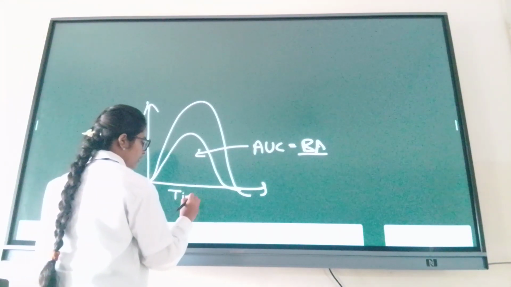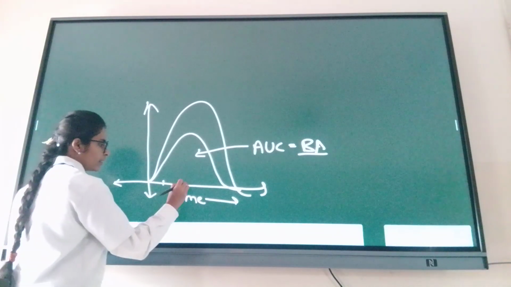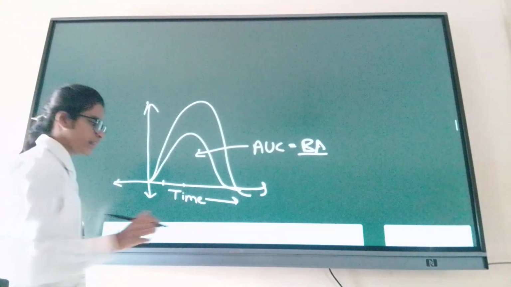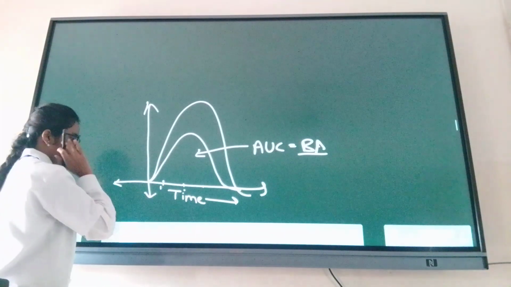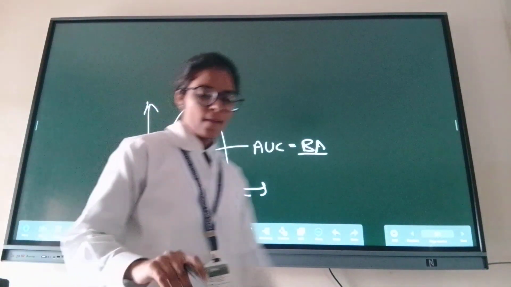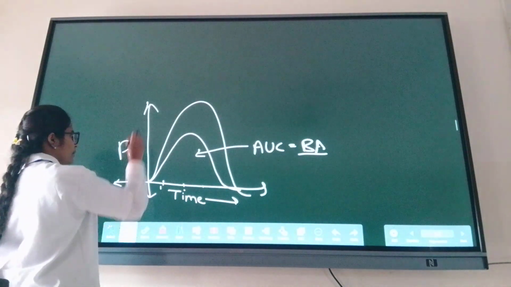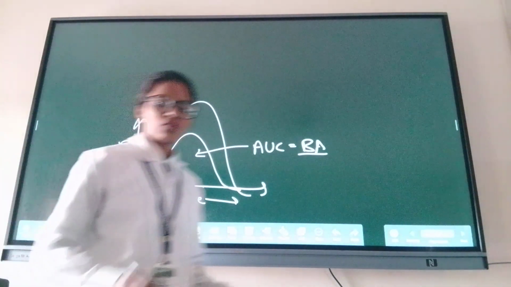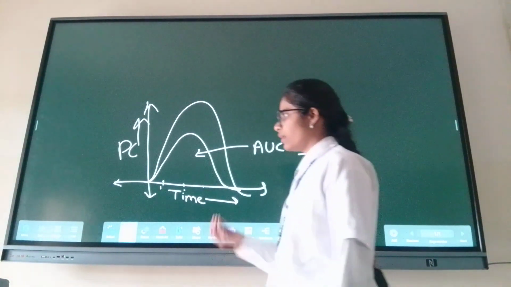On the graph, on the x-axis there is time: 1 hour, 2 hours, 3 hours. Then here is plasma concentration, PC, the plasma concentration of the drug in the blood.